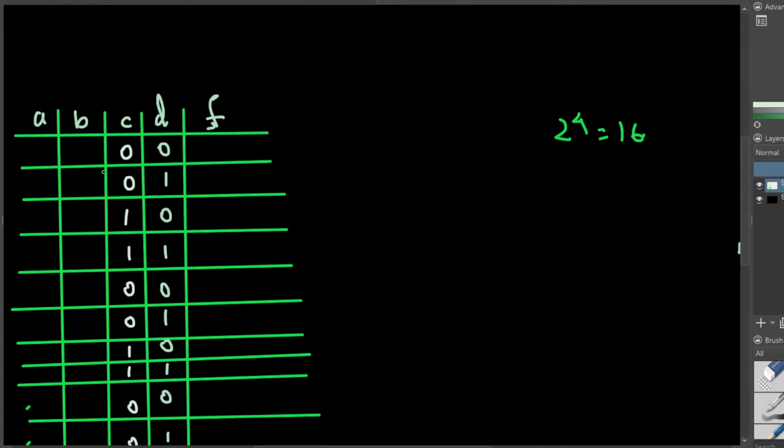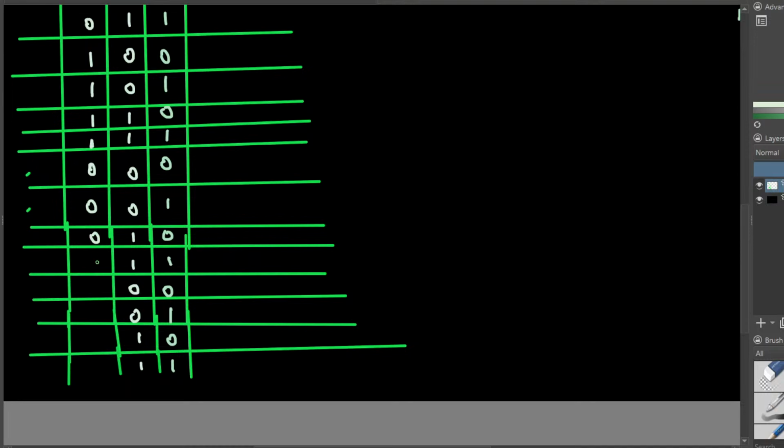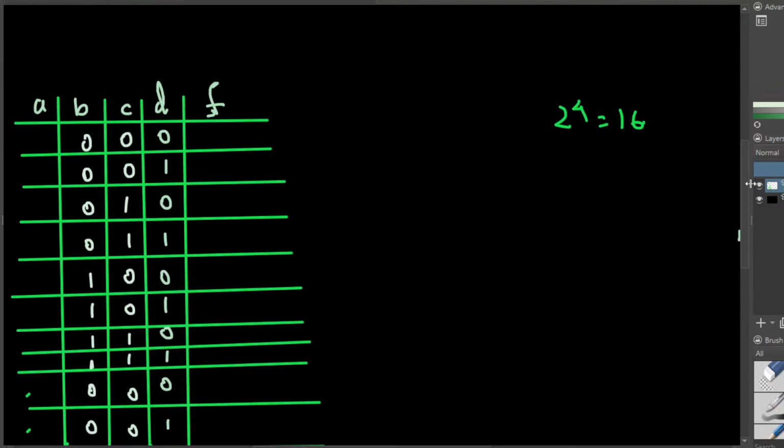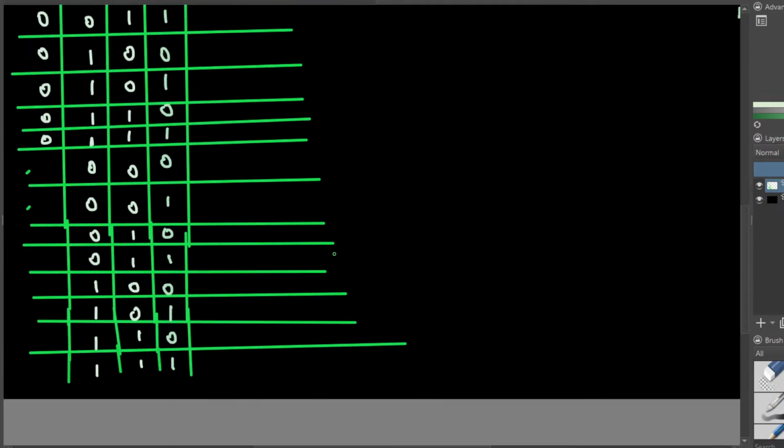Then here we are going to have 4 zeros, 4 ones, 4 zeros, 4 ones, and the last column is 8 zeros and 8 ones.